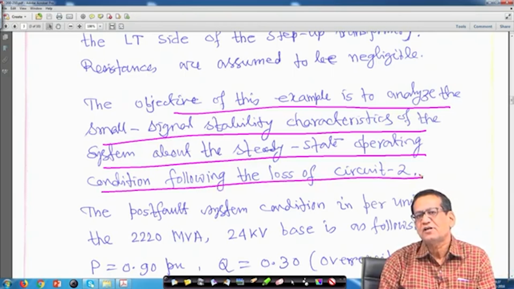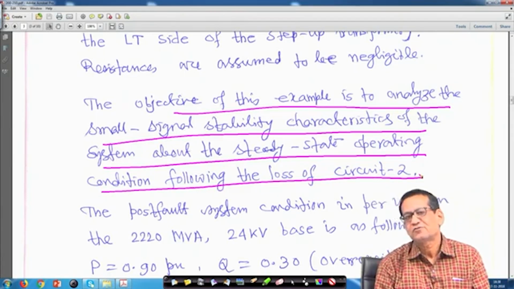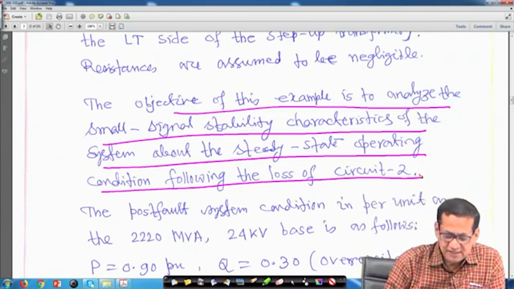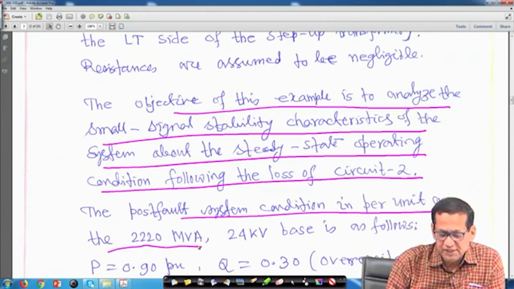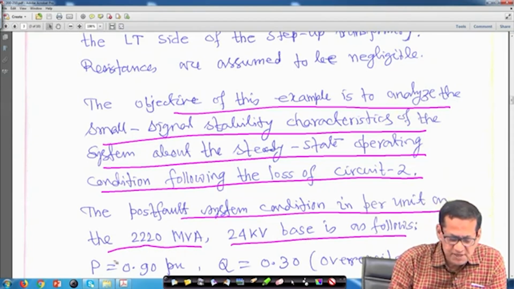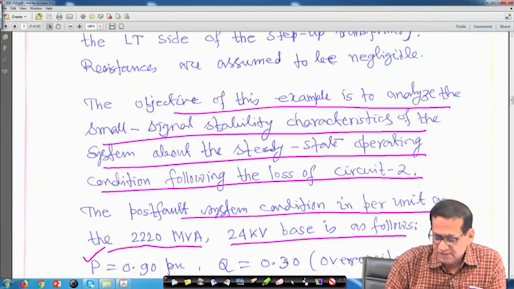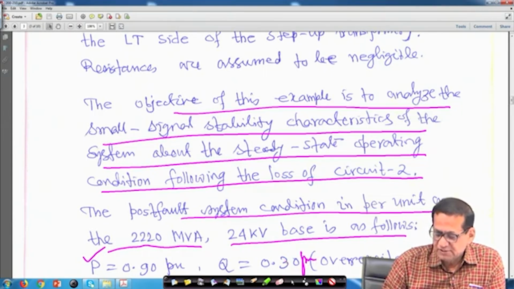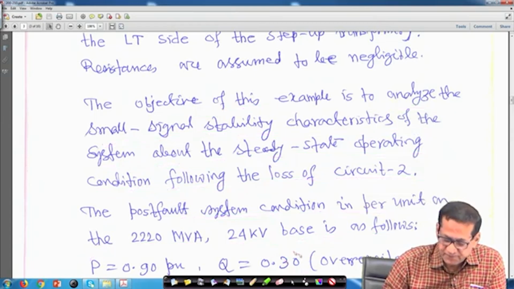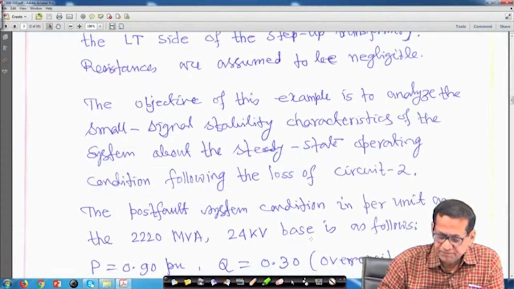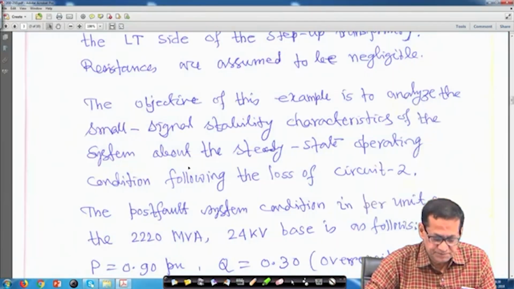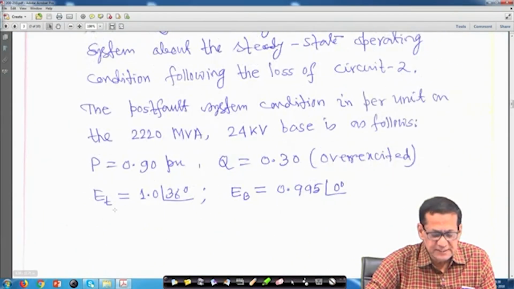That means suppose there is a fault and circuit 2 is totally disconnected. The post fault system condition in per unit on the 2220 MVA, 24 kV base is as follows: P is 0.90 per unit and Q is 0.30 per unit, that is, over excited condition. The terminal voltage E t is 1 angle 36 degrees and E b is 0.995 angle 0 degrees, all per unit.